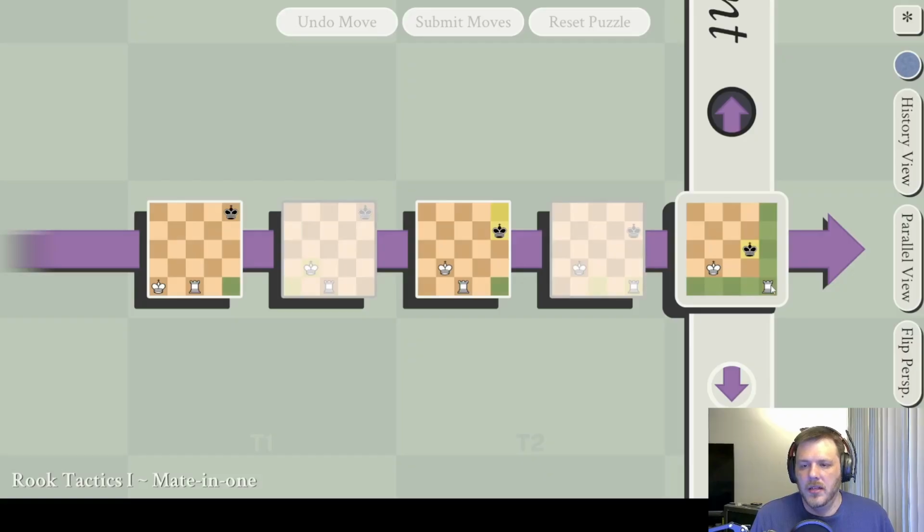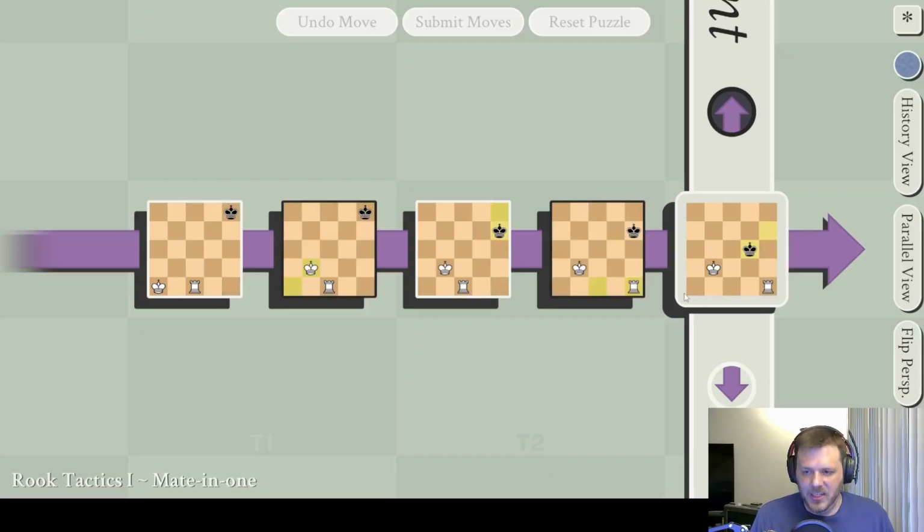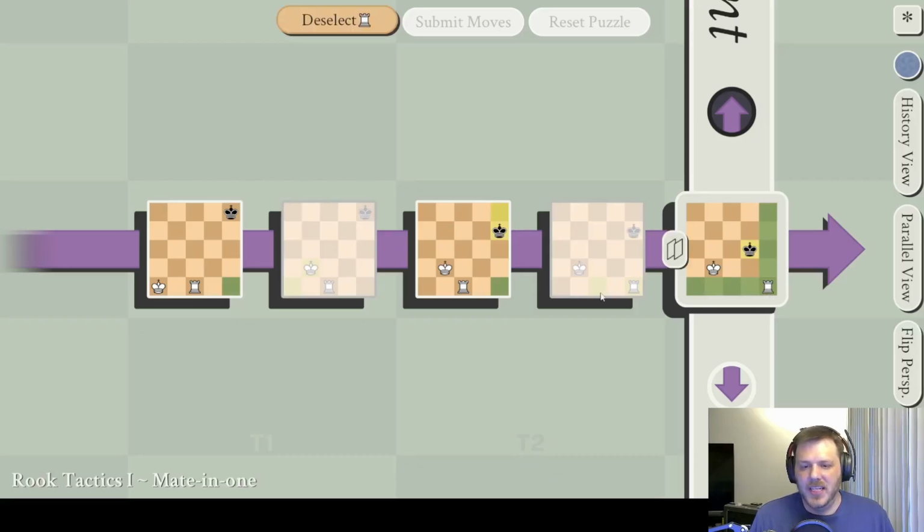So I'm just seeing. Yes, the rook can move along a diagonal, or along a single dimension, right? When I click the rook, you see this green square here and this green square here, and you're like, well, the rook's not moving.